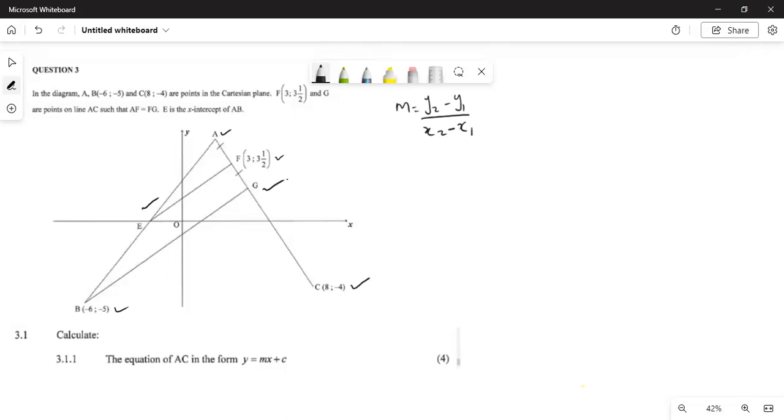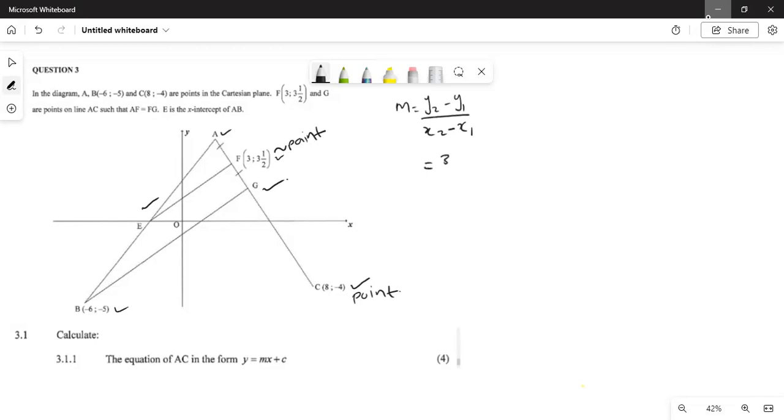For our point number 1, we're going to use this point C, and for our point number 2, we're going to use F. Obviously we want A and C, but the reason why we're using F is because F is collinear, meaning it exists on the line AC, so we can use that to calculate the gradient.